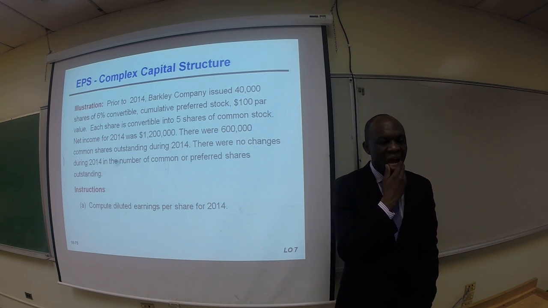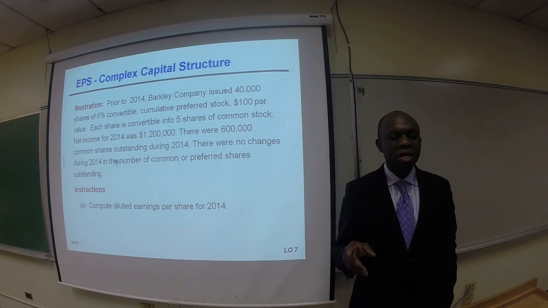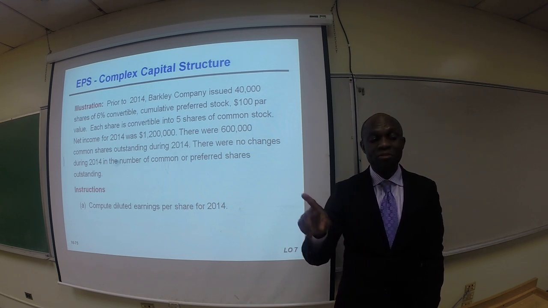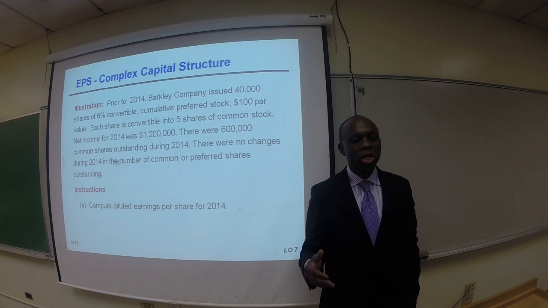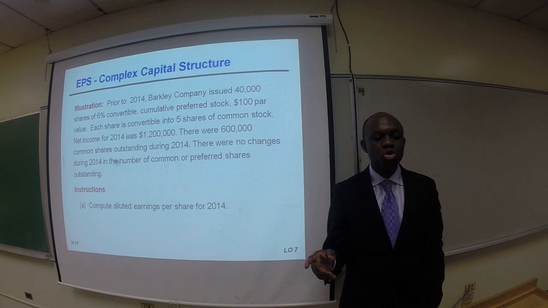Okay, here prior to 2014, PB company issued 4,000 shares of 6% convertible cumulative preferred stock, $100 par value. Each share is convertible into 5 shares of common stock. Net income for 2014 was 1.2 million.